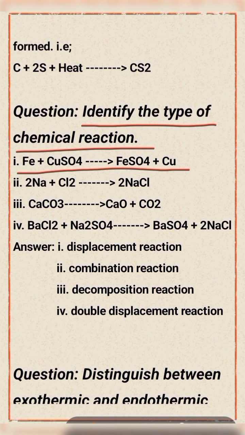This type of reaction is a displacement reaction. Okay. Next, 2Na, sodium, plus chlorine, Cl2, forms sodium chloride, 2NaCl. 2 is the balancing number. That is the type of reaction, combination reaction.